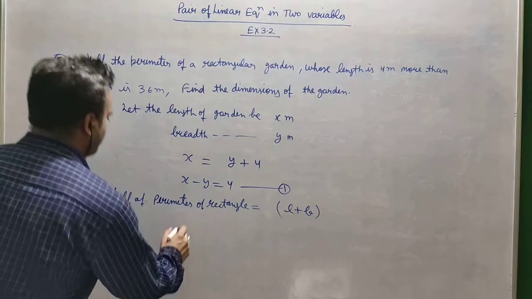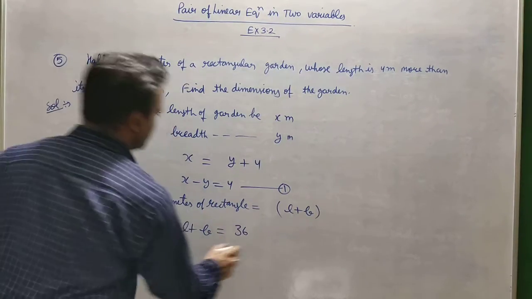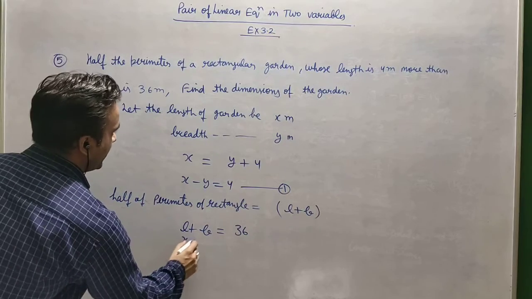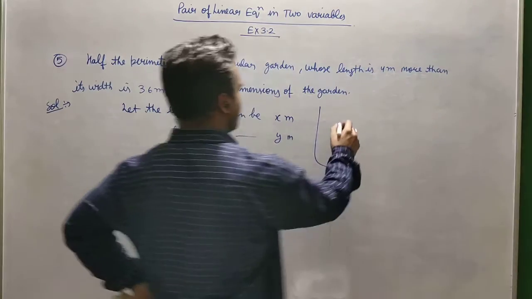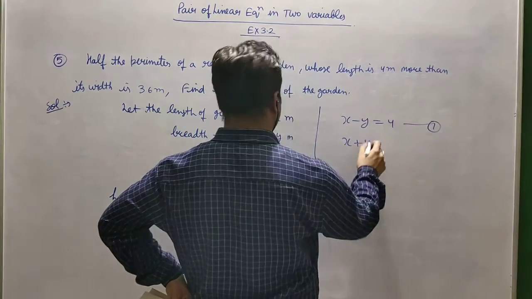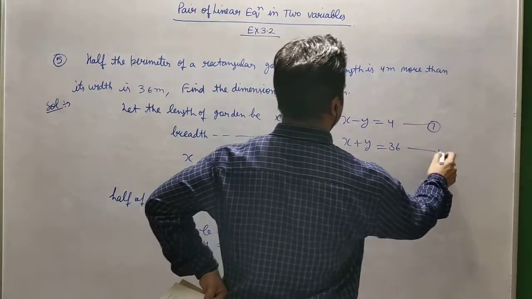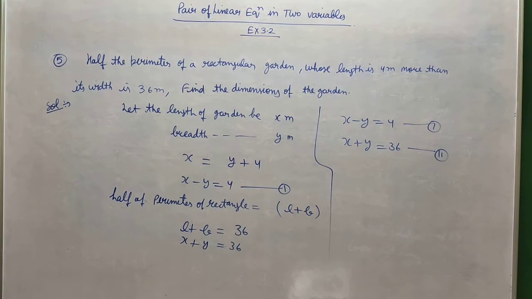L plus B. So L plus B is equal to what? 36. And what is L? We have supposed here x, y. So here, if you see, x minus y is the first equation and x plus y is equal to 36 is the second equation. I think now you can solve it graphically.